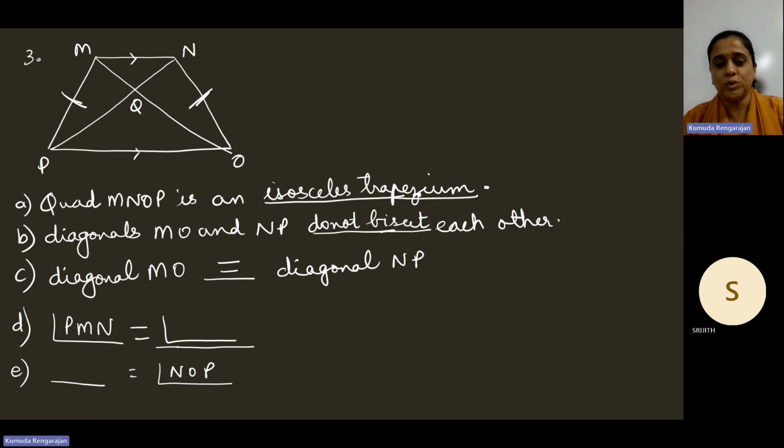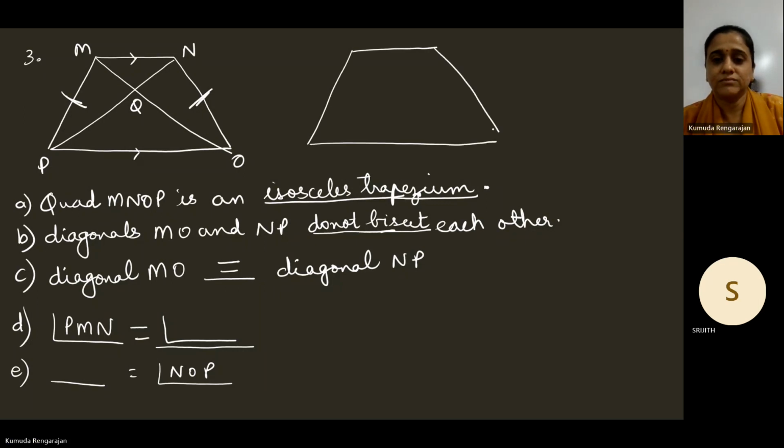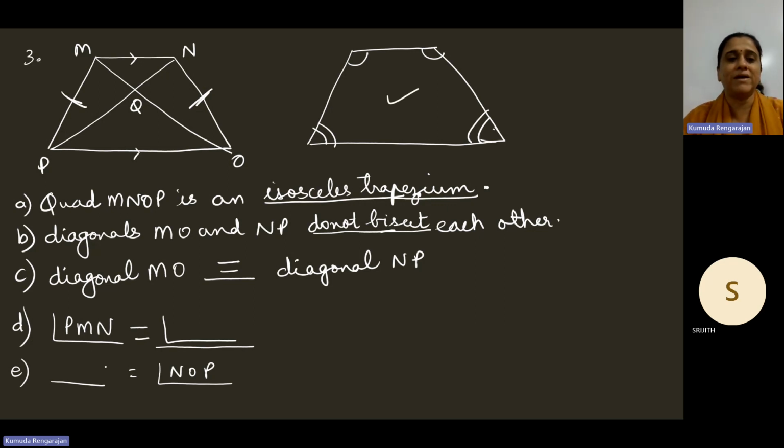So in an isosceles trapezium, this angle is equal to this angle, and this angle is equal to this angle. See the positions. Now tell me, using this figure, angle PMN is equal to?